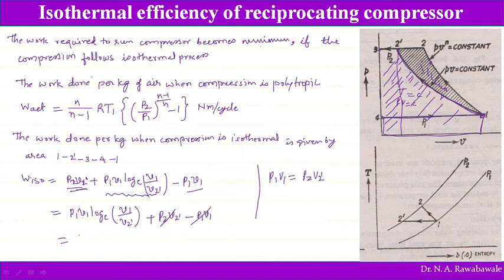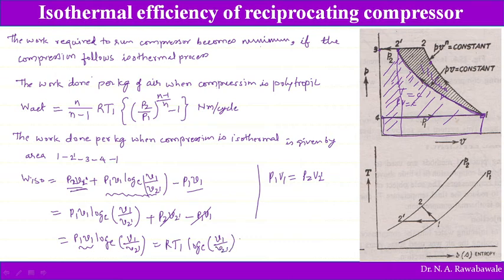This isothermal work can again be written as P1 V1 log to the base e V1 divided by V2 dash, or in place of P1 V1 it can be written as RT1 log to the base e V1 divided by V2 dash.